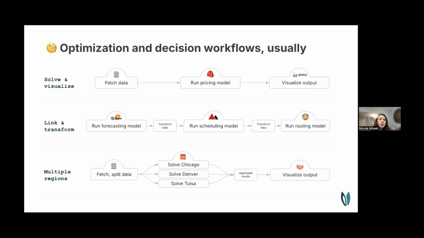Or maybe you're linking and transforming different optimization and forecasting models together to run forecasting, then scheduling, then routing. Or maybe you're taking one big data set, fetching that from your database, partitioning it into smaller data sets and solving some problem on those smaller subsets, aggregating those results, and then visualizing those.